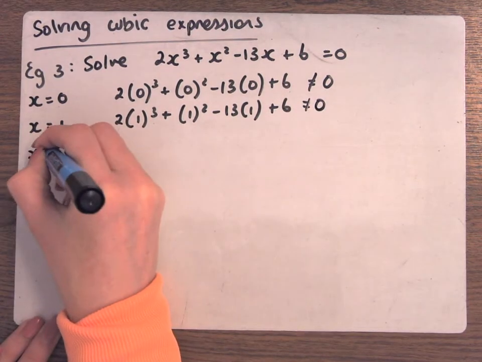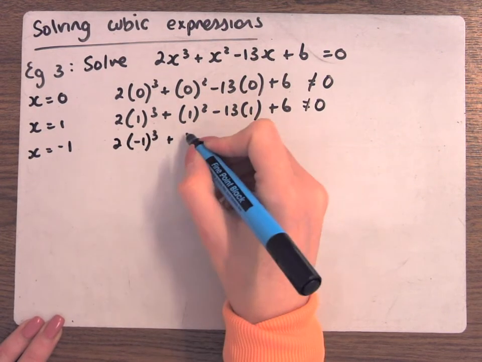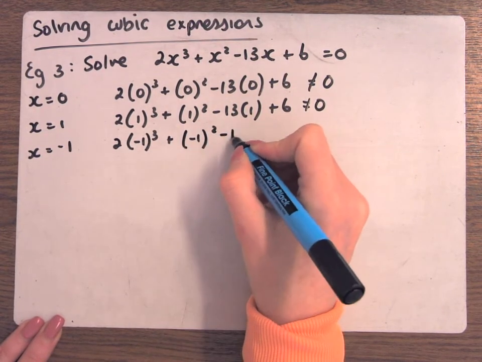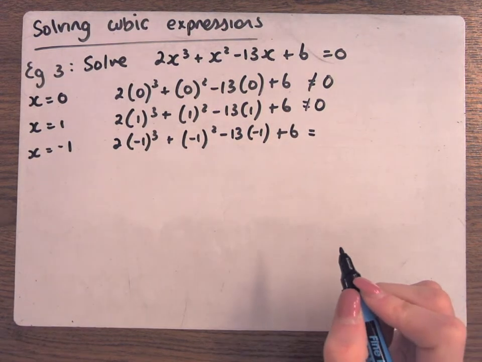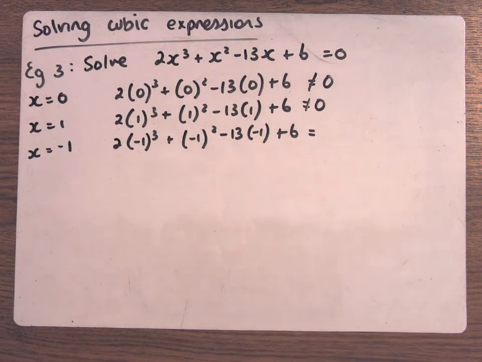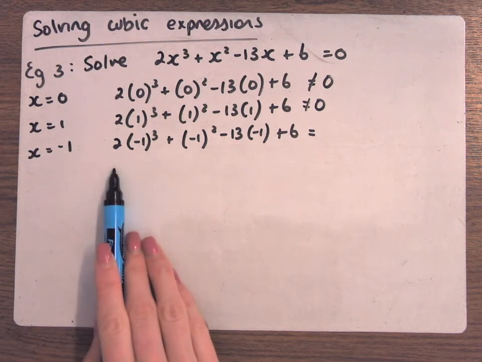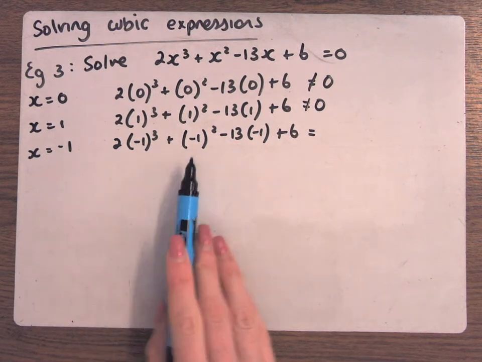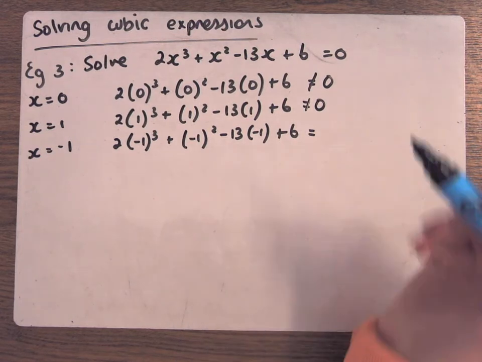Let's try minus 1. So that's minus 2, plus 1 is minus 1, plus 13 is minus 12, not equal to 0.